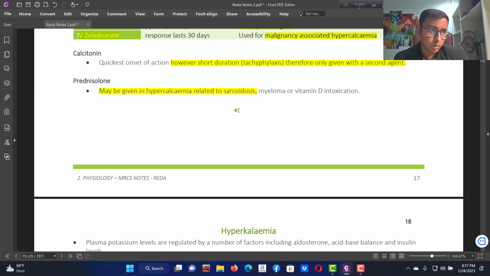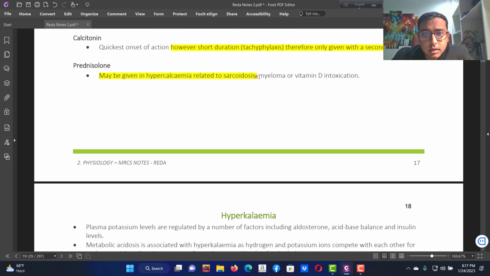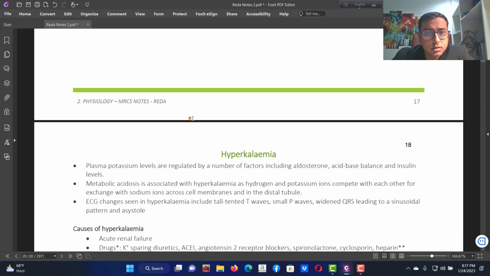If you see in the question the administration of steroid, it will reduce the disease. Myeloma and vitamin D intoxication also.